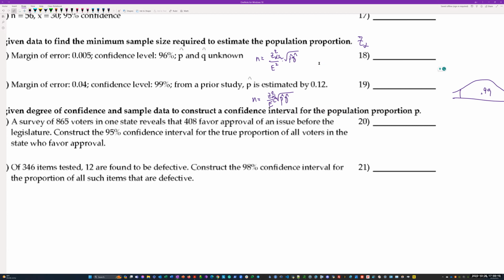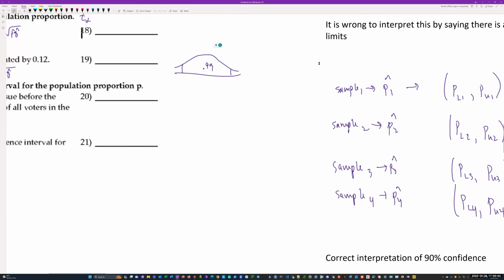0.5%. Yeah, but not 0.5, right? No, there's 99% in the middle, because we said we had to go a certain amount in this direction and a certain amount in the other direction.